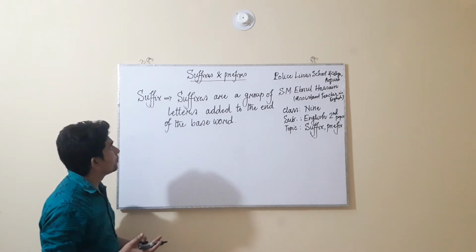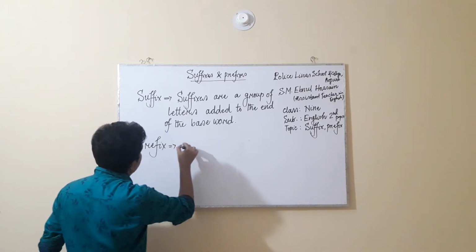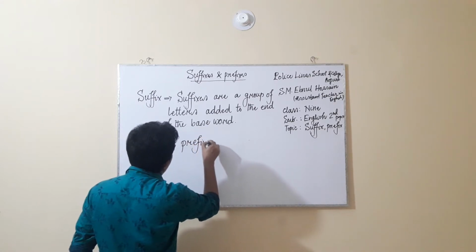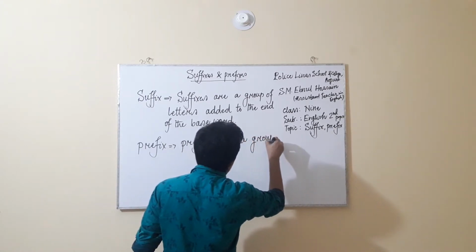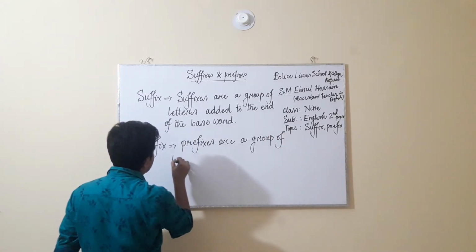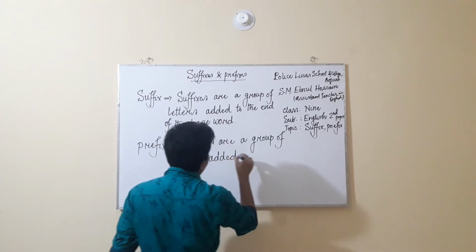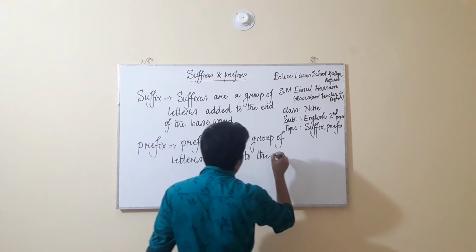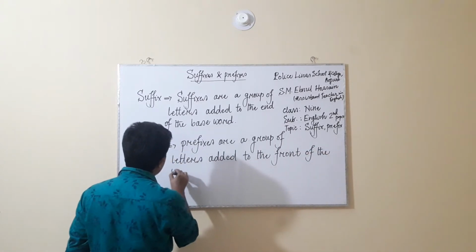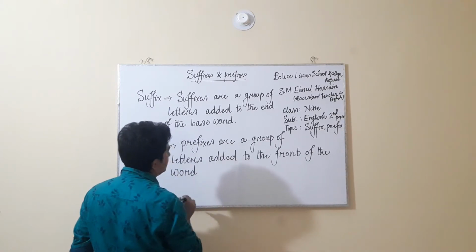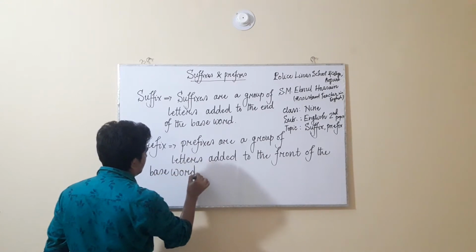This is the suffix, and now the prefix. Prefixes are a group of letters added to the front of the word, that means the front of the base word.